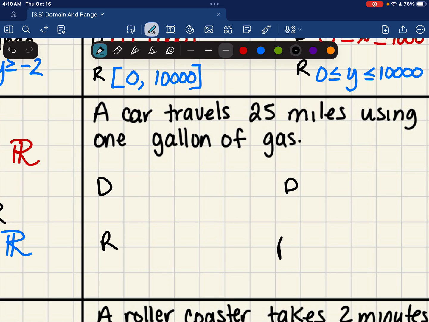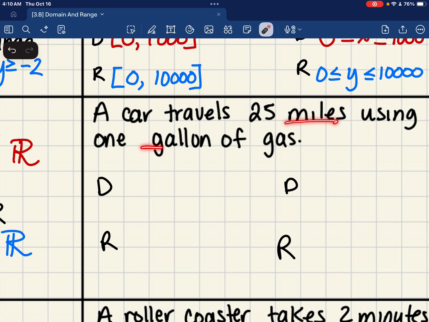So on our next one, I have a car traveling 25 miles using 1 gallon of gas. So my 2 units are miles and gallons. So I'm thinking about that cause and effect, right? What is causing the other thing to happen?